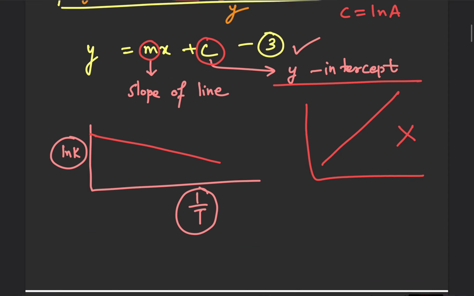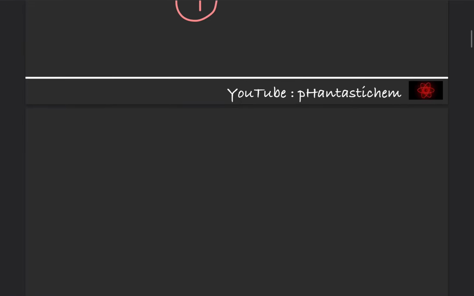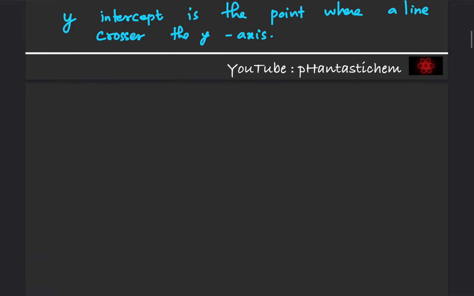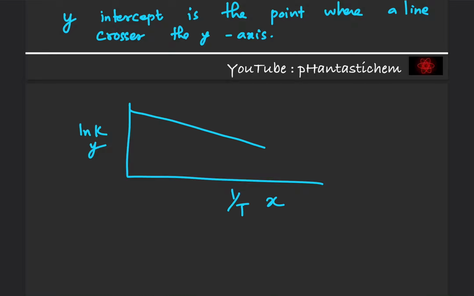What is the y-intercept? The y-intercept is the point where a line crosses the y-axis. Very important. In the graph that they have given, ln k, that is our y, versus 1 by T, that is our x, the graph is like this, and this value is 6.